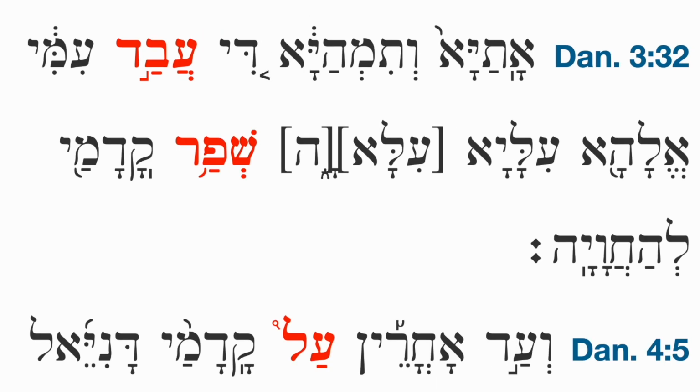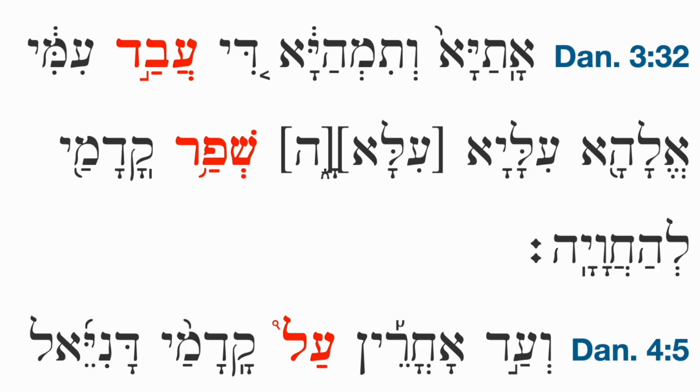Now in Daniel 3:32, we can see the difference between the first guttural verb and the strong root. There we get ataya v'timhaya, the signs and the wonders, di avad imi, literally, which he did with me, ilaha ilaha, we're reading with the kere there, the Most High God. So the signs and wonders that, who did?